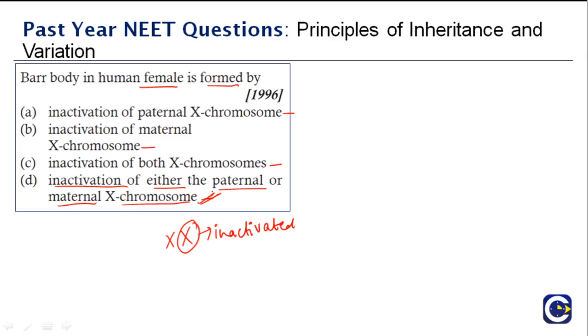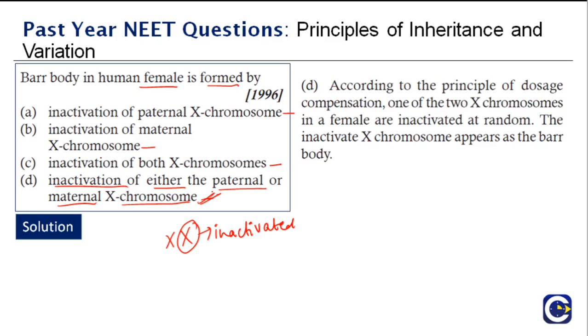Okay, this is completely a random event. According to the principle of dosage compensation, one of the two X chromosomes in a female are inactivated at random. Okay, the inactivated X chromosome appears as the Barr body. So the right answer is D, inactivation of either the paternal or the maternal X chromosome.